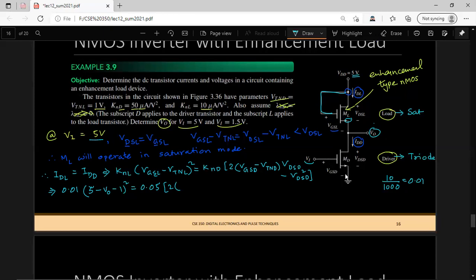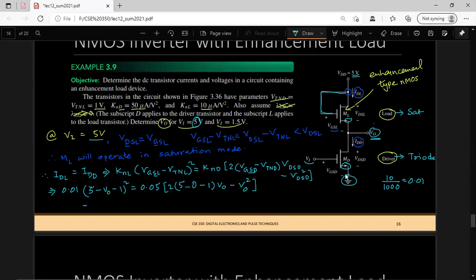I just mistakenly wrote 5 volt here. So 5 minus, now for the driver circuit, source is connected to the ground, 0, minus the threshold voltage 1, times VDSD, this is the output or the drain voltage for our driver circuit, that should be V0, and source terminal is connected to the ground. We should be careful about the source terminal, and again minus V0 square.